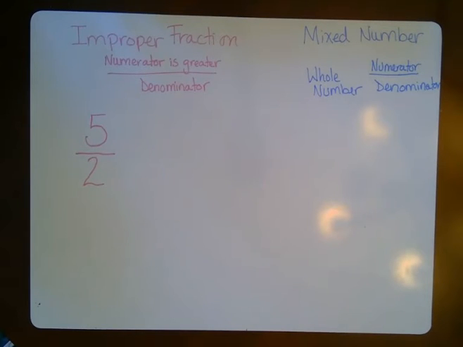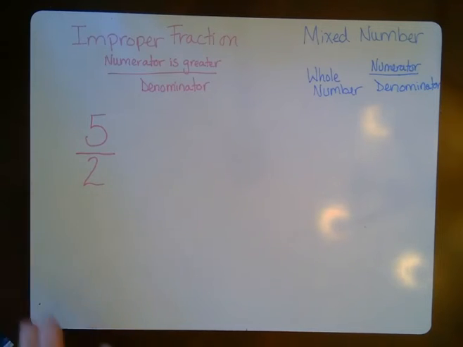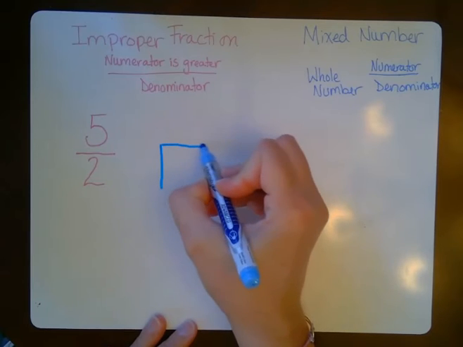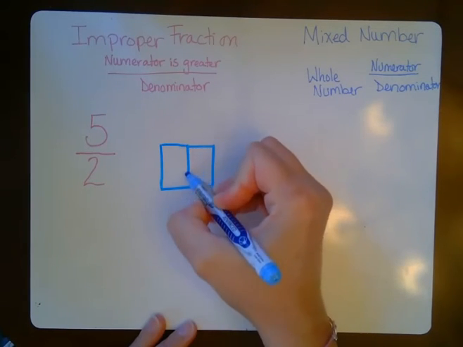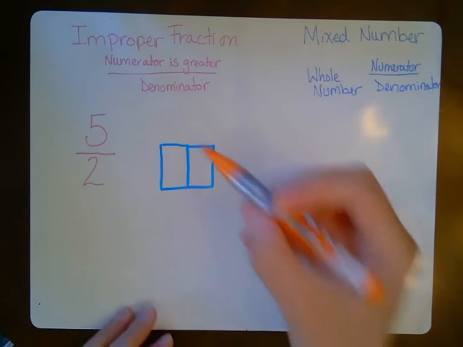Let's do the same thing and draw a model, but this time we're going to start with an improper fraction of 5/2. That means that my fraction model is going to be split into 2 parts. So I'm going to draw my first model. I am going to split it into 2 parts, and I need to show 5 of them.